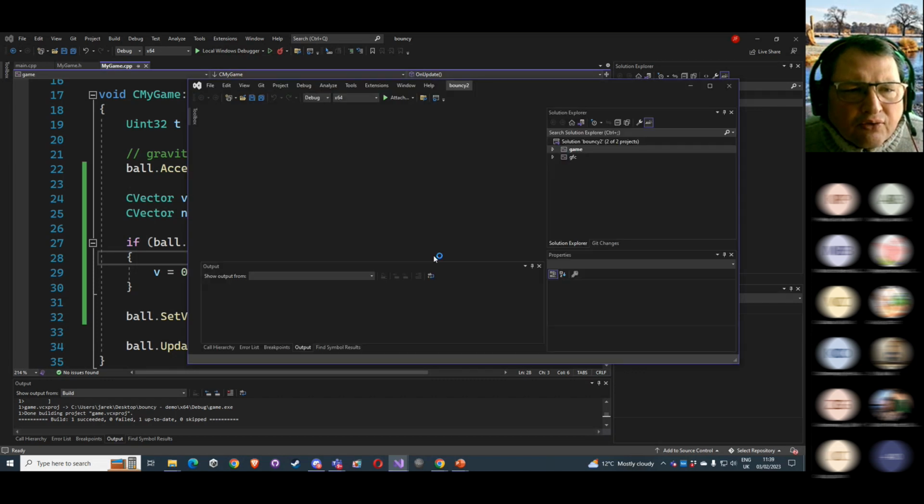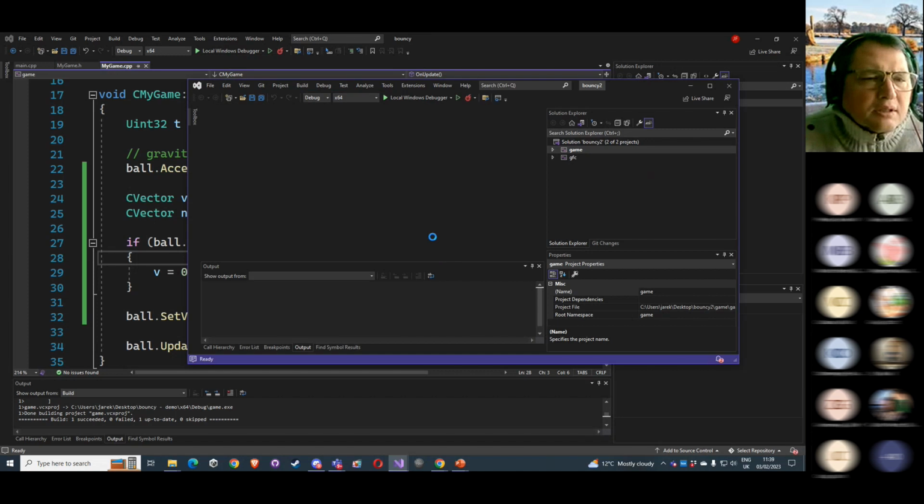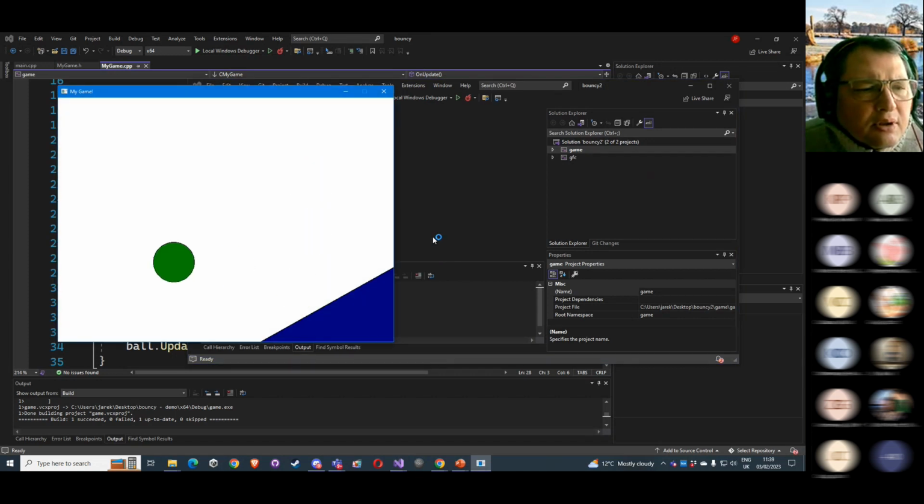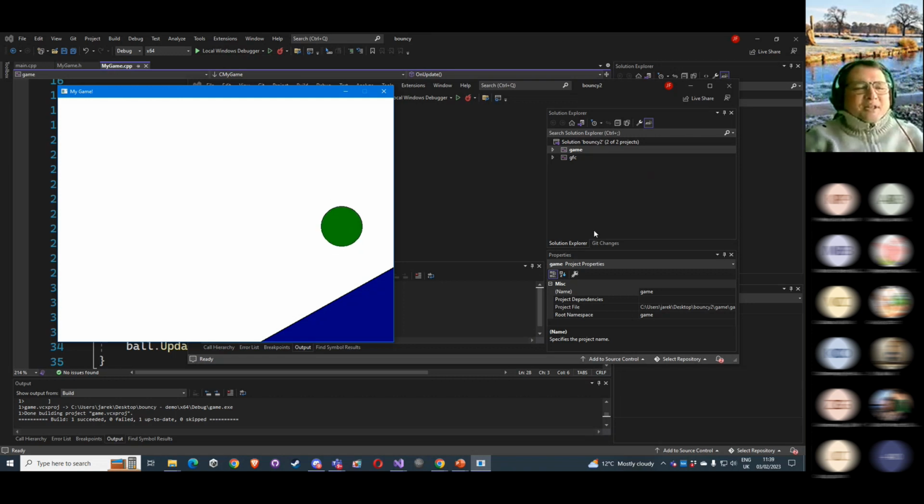But still, the full reflection formula is very useful in situations like this one. Here we have a diagonal obstacle and a realistic bouncing off.